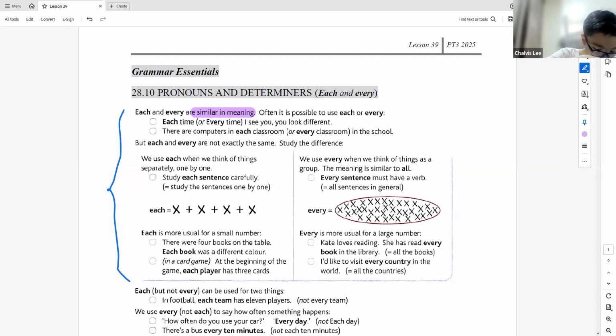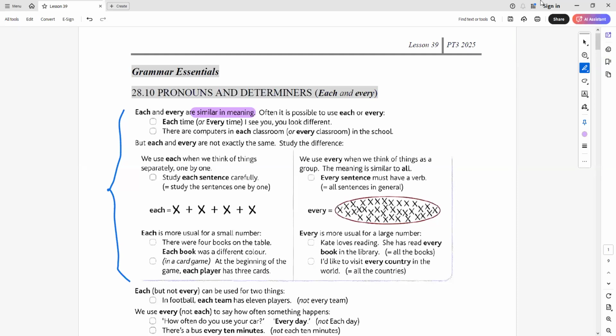Kids love reading. She has read every book in the library, all the books. I don't like to visit every country in the world, all the countries.